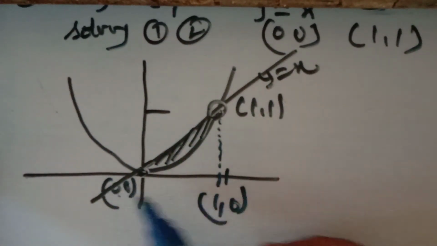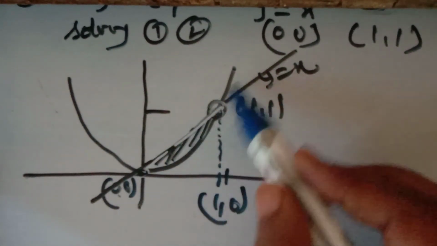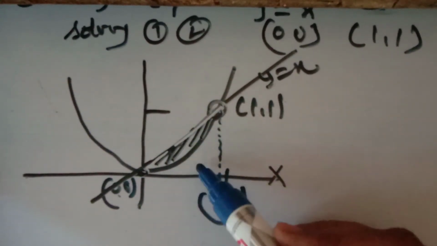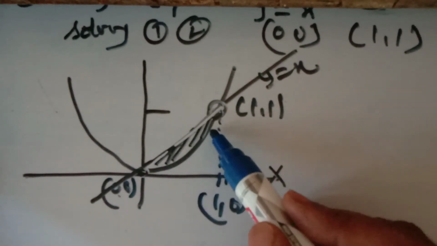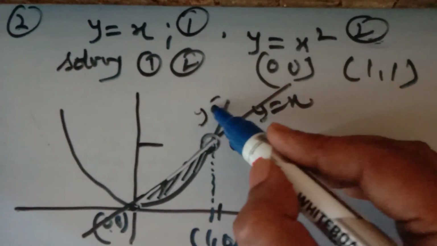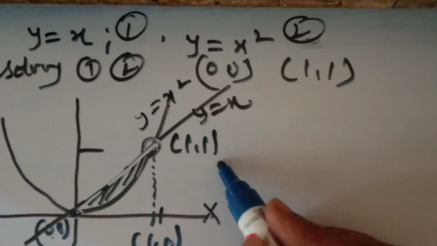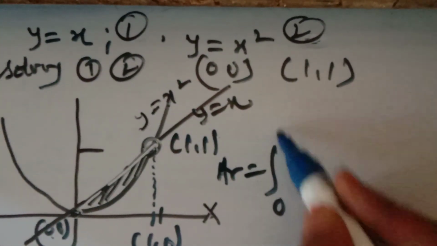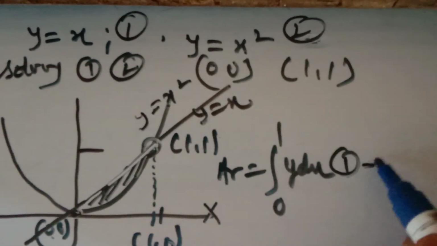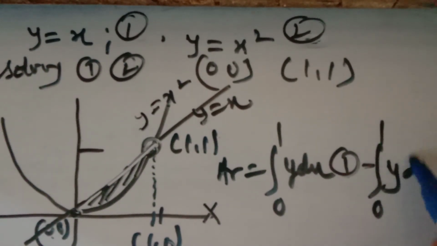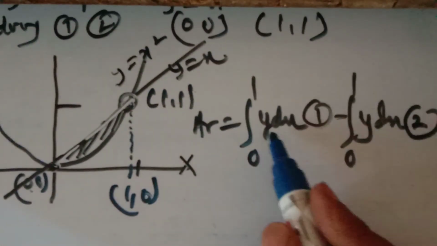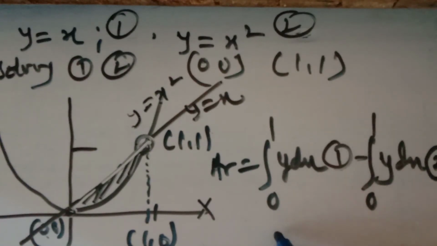So if you integrate the line y is equal to x from 0 to 1 with respect to x, you get this full area, and this extra area which is not shaded here will be subtracted. That is y is equal to x square. So line minus parabola. Here the area will be the integral from 0 to 1 of y of the line, minus the integral from 0 to 1 of y of this parabola, with respect to x. So y of the line is x.